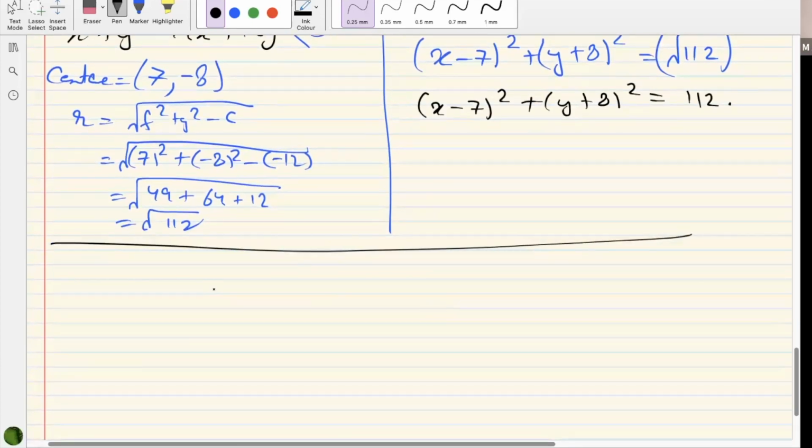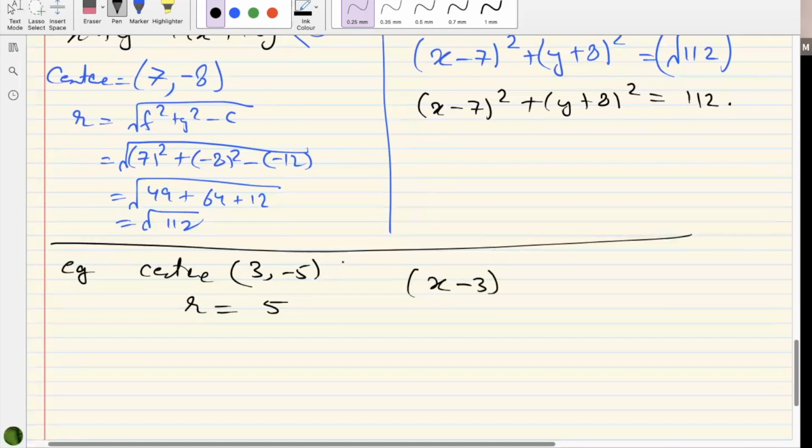If you are given the center, suppose the coordinates of the center are 3 comma minus 5 and the radius is given, that is 5. So the equation would be x minus 3. Do you observe the change in sign? Positive 3 to negative 3, plus y plus 5.